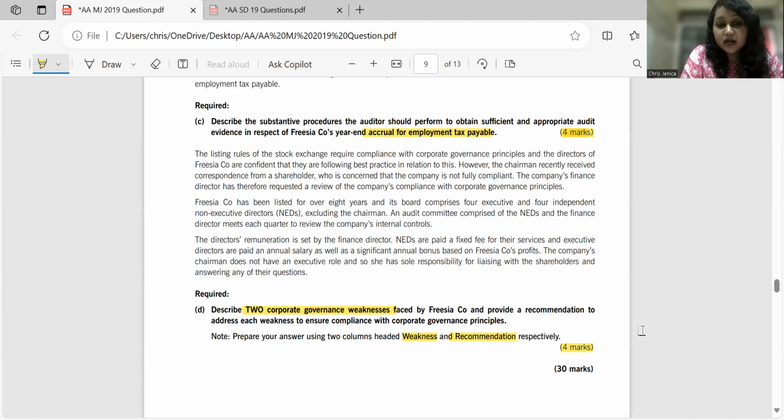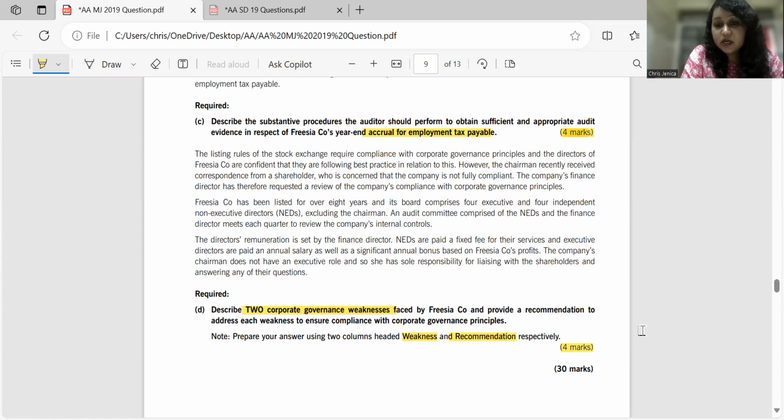The company's finance director has therefore requested a review of the company's compliance with corporate governance principles. Okay. So far, we have not found any weakness. Frisia Company has been listed for over 8 years and its board comprises 4 executive and 4 independent non-executive directors, excluding the chairman.